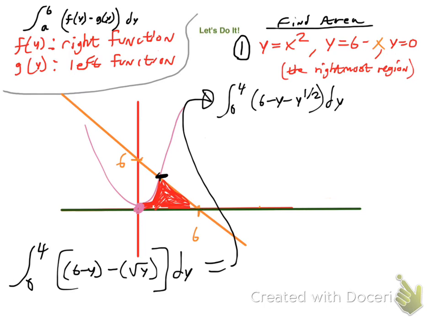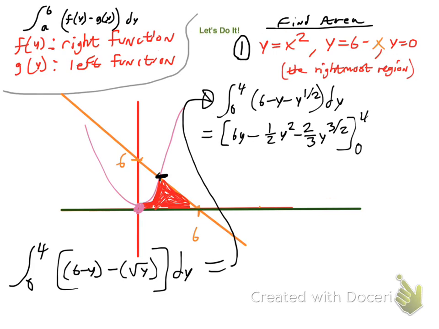Okay, now you can evaluate this doing the antiderivative. 6y minus half y squared minus 2 over 3, y to the 3 over 2, evaluated from 0 to 4.